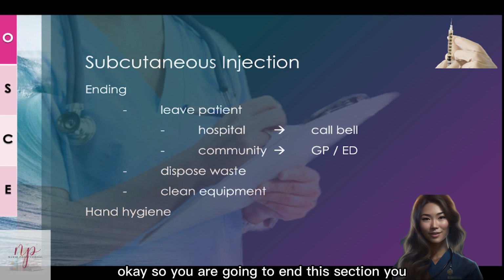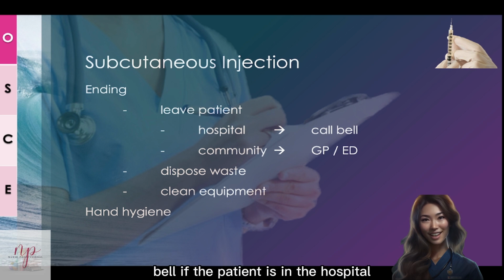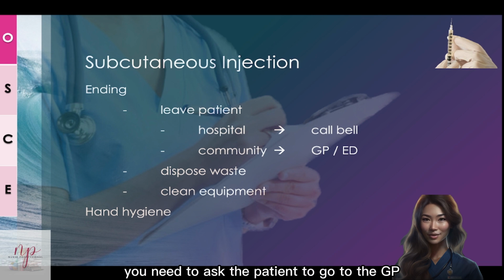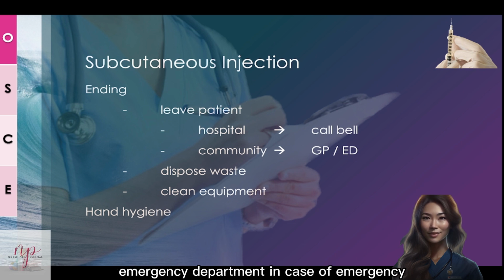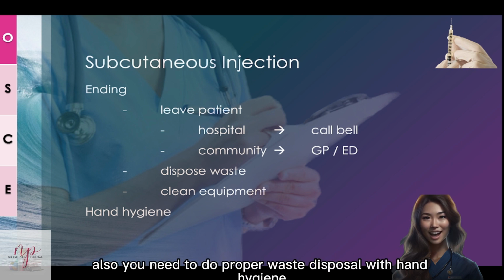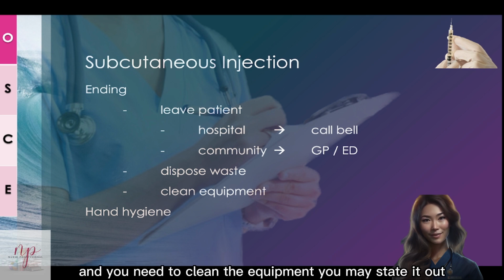Okay, so you are going to end this section. You are going to leave your patient. Make sure you give a call bell if the patient is in the hospital. And you need to ask the patient to go to the GP if you are in the community setting. Also ask the patient to go to the emergency department in case of emergency. Also, you need to do proper waste disposal with hand hygiene, and you need to clean the equipment.